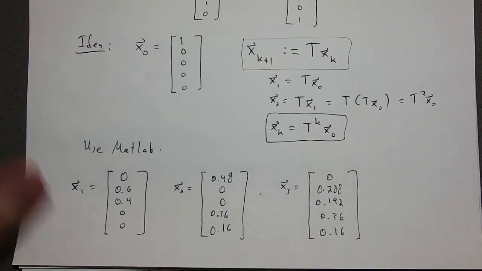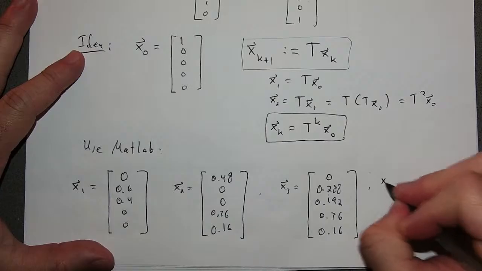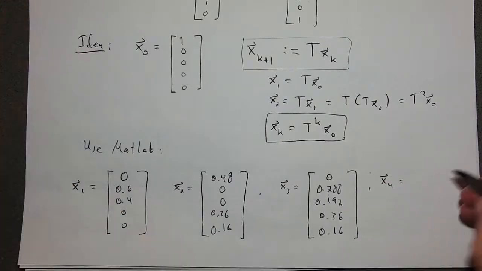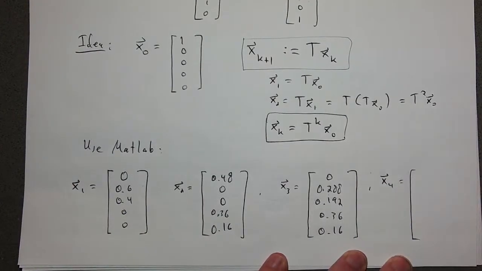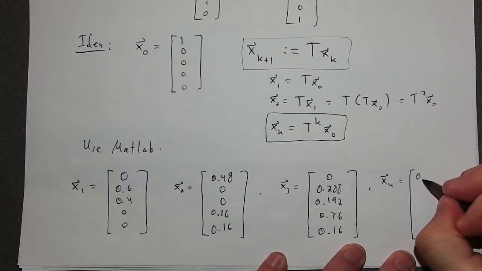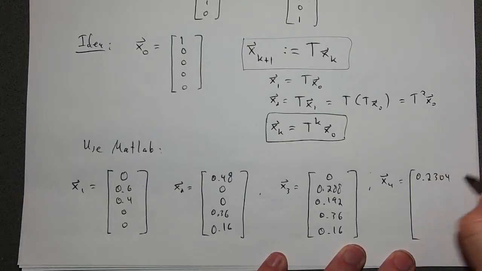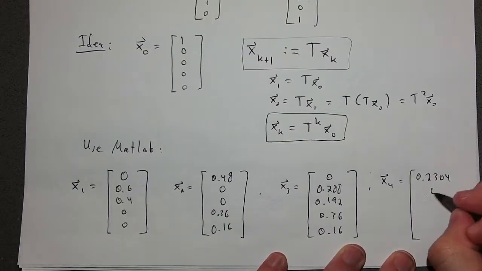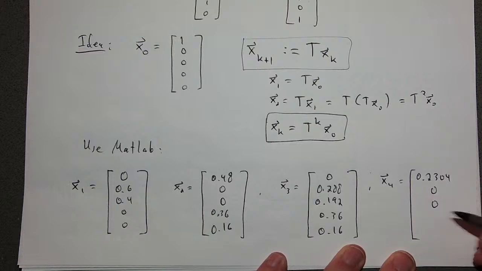Hitting this with T gives me x4, which is 0.2304, 0, 0, 0.5328, and 0.2368.